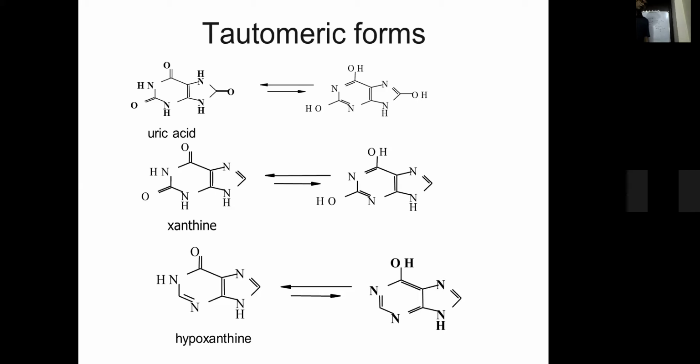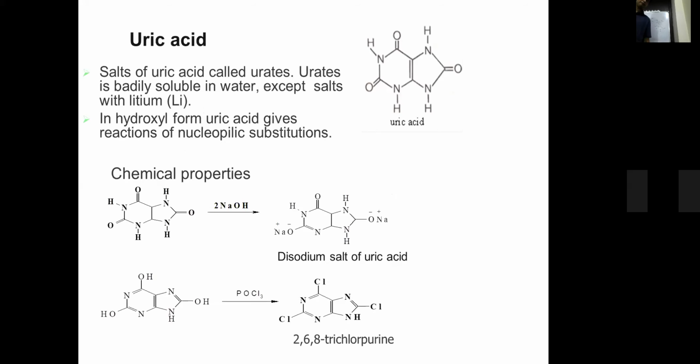Hypoxanthine, xanthine, and uric acid get converted into OH from the carbonyl. So the present slide represents the tautomeric forms: it can be present as a carbonyl form or as an enol form. So derivatives of purines can be in both keto as well as enol form.